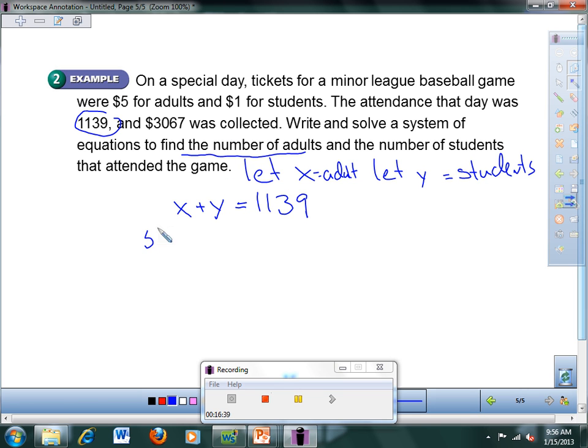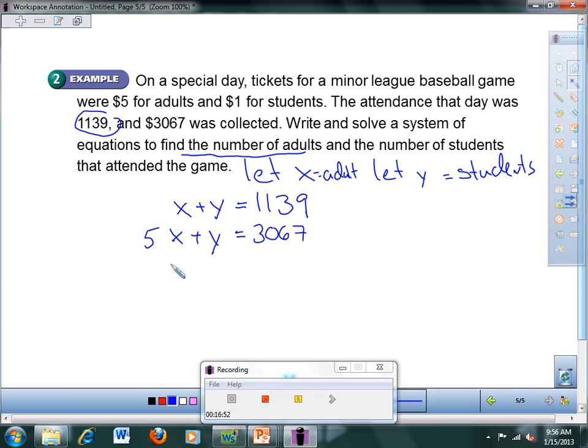So what I do is I go 5x plus 1y equals how much? $3,067. Now, there you go.